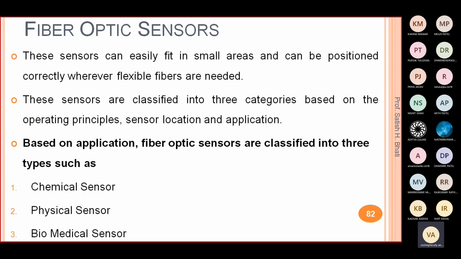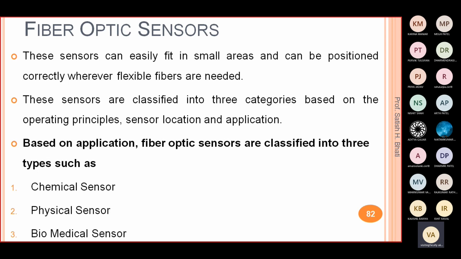So you can use them in applications where you need that feature, flexibility. This fiber optic type of sensor you can classify in different categories, right? We have identified three main categories, and these categories are based on the operating principle, sensor location, and where they are being used, right?